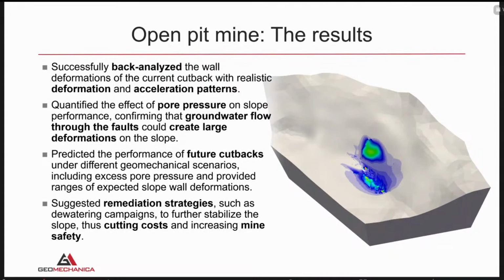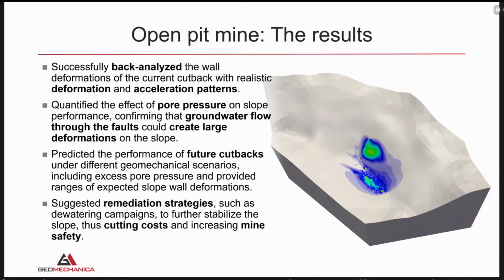In addition, we were able to predict the performance of future cutbacks under different geomechanical scenarios, including excess pore pressures, and we were able to provide ranges of expected slope wall deformations. So let's say if groundwater pressure or pore pressure exceeded this much, this is the amount of deformation that you could expect.